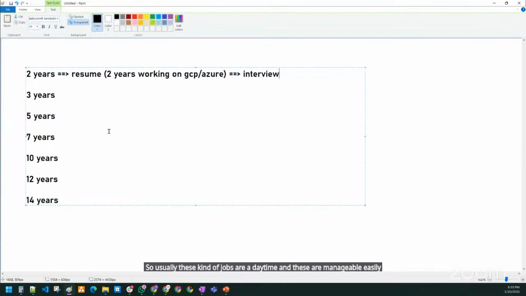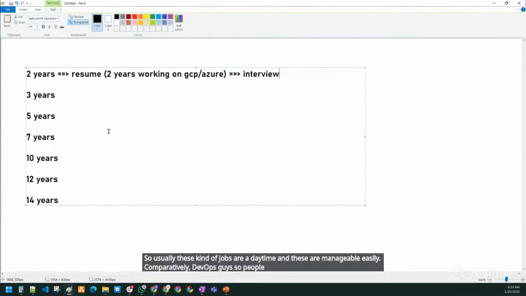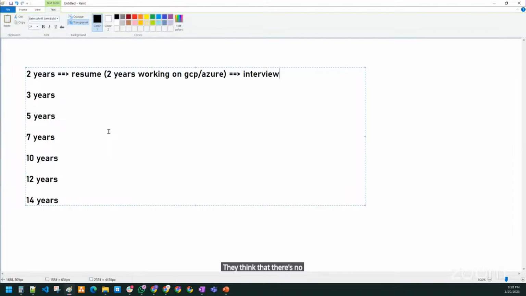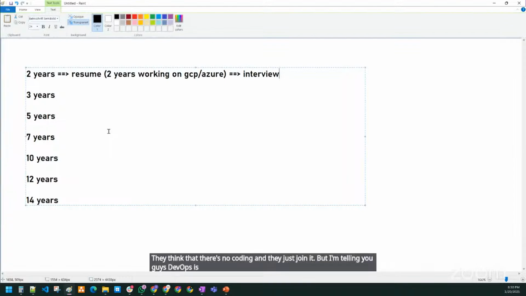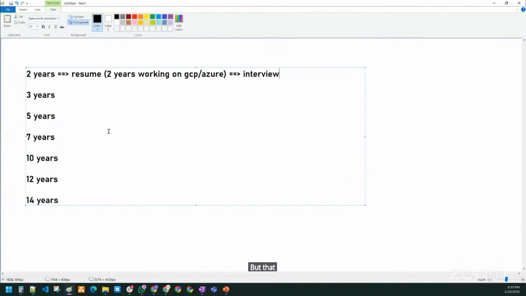Comparatively DevOps, people will not know the actual thing about DevOps. They think that there's no coding and they just join it. But I'm telling you guys, DevOps is a good course, but that is usually for 5+ years of experience. When you have 3, 4+, 5+ years of experience, that gives you a good role.